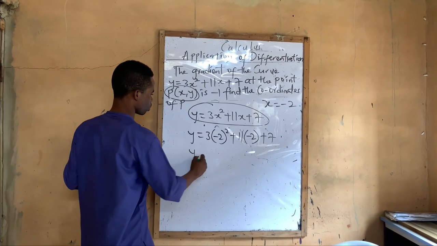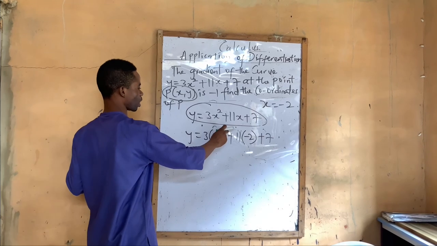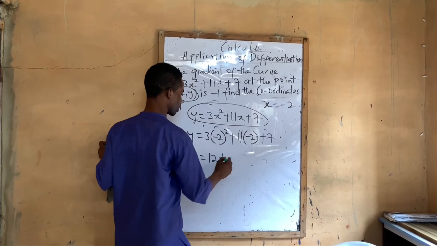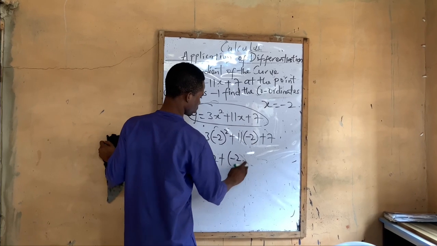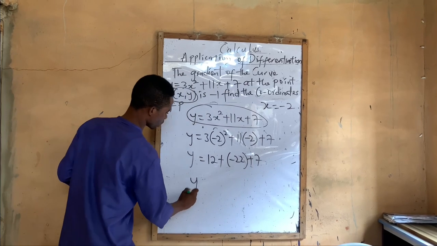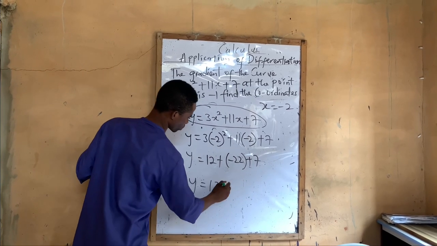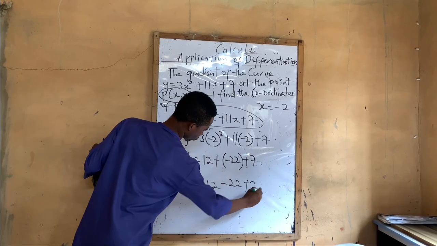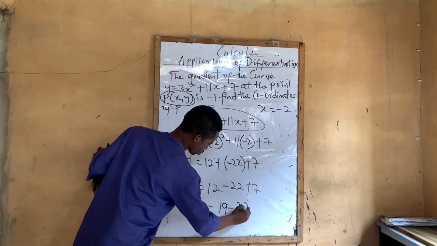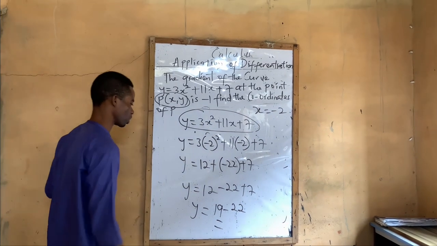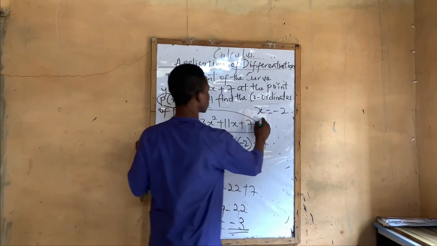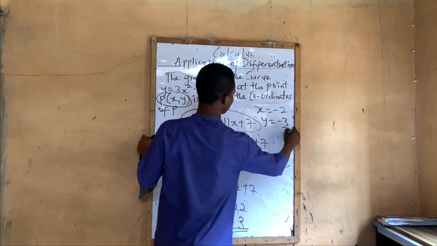Minus 2 raised to power 2 is 4. 4 times 3 is 12, plus 11 times minus 2, that is minus 22, plus 7. y equals 12 plus 7, that is 19. 19 minus 22 is minus 3. So my y equals minus 3.